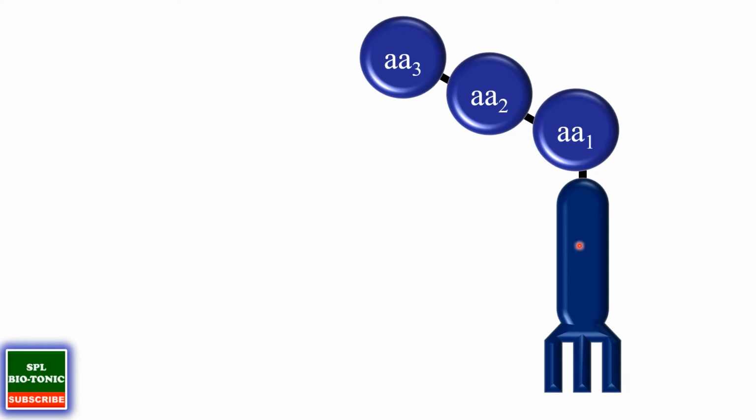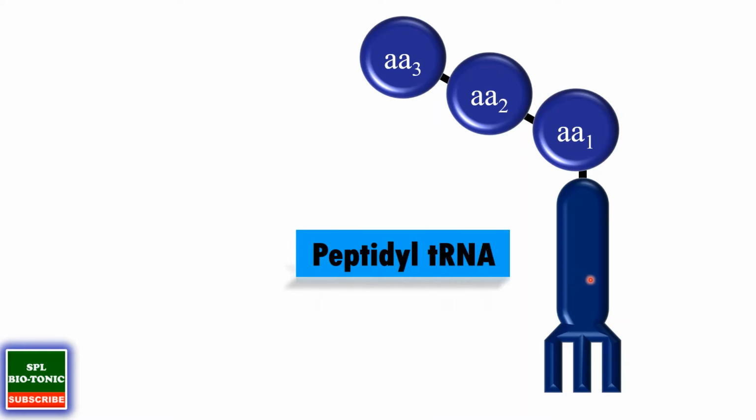Now students, in this case, this tRNA is attached to a polypeptide chain which is made of three amino acids: amino acid 1, amino acid 2, amino acid 3. Now as this tRNA is attached to a polypeptide chain, therefore this is termed as peptidyl tRNA.